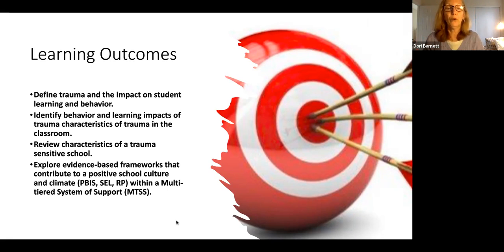So all of these programs that we're going to address are within best practice of a multi-tiered system of support.